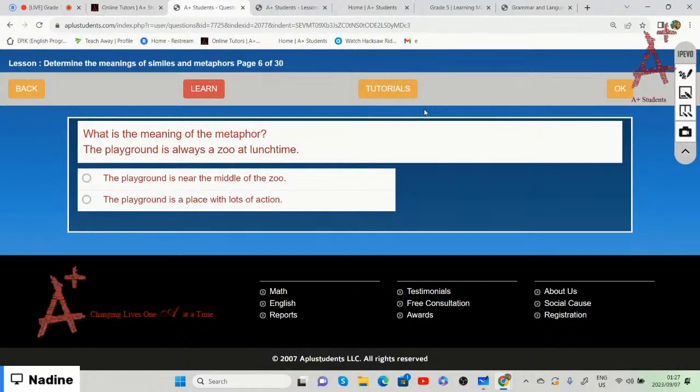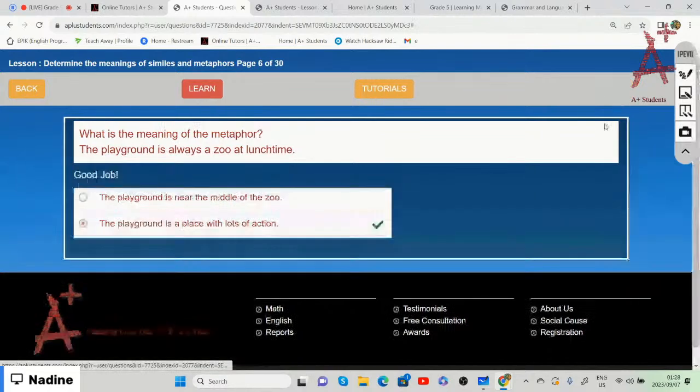All right, so we're going to say it is a place with lots of action. Because if we say it's always a zoo, then it means that there's a lot of action going on. Kids are running around, they are laughing, they are playing, right? Which means that lots of action are taking place, not in the middle of a zoo.